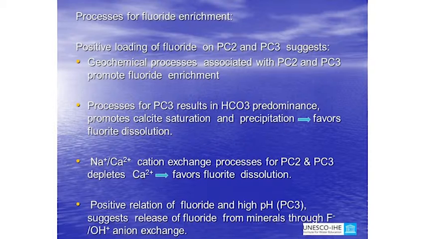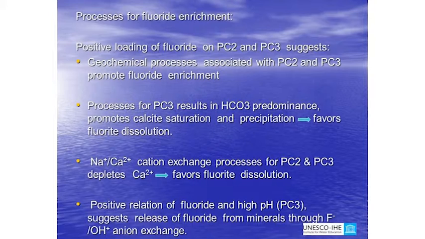Now, if you take principal component number 3, the processes associated with it give rise to the predominance of bicarbonate. And the bicarbonate in the groundwater system causes calcium carbonate to precipitate. And in the process of the calcium carbonate precipitation, it takes calcium itself from the groundwater.